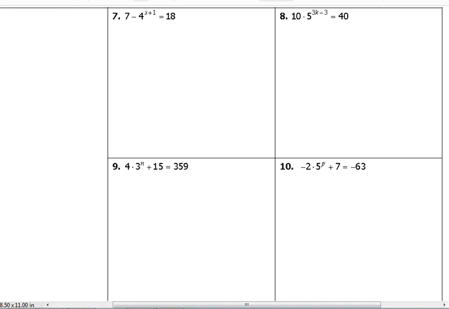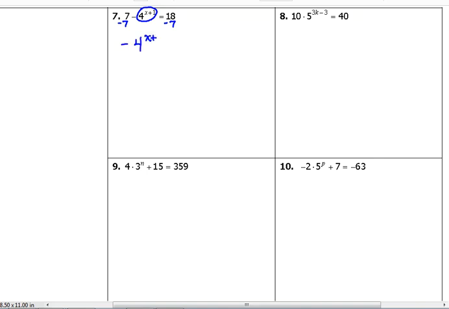Okay, number 7, we've got 7 minus 4 to the x plus 1 is equal to 18. We've got to get this exponential expression by itself. So it'll probably help a lot of you to circle that exponential expression so that you can see what all's going on around it. So first of all, we need to subtract 7 from both sides.